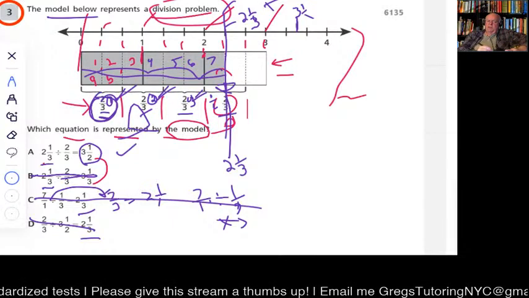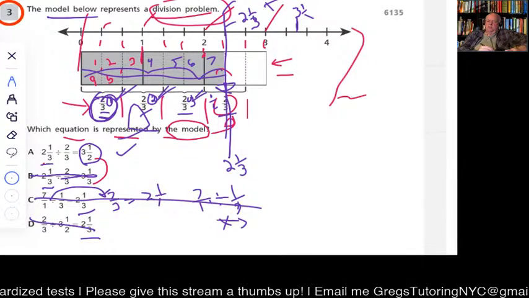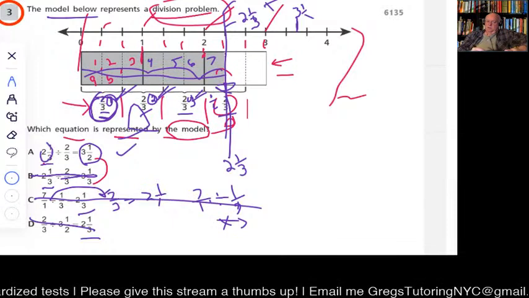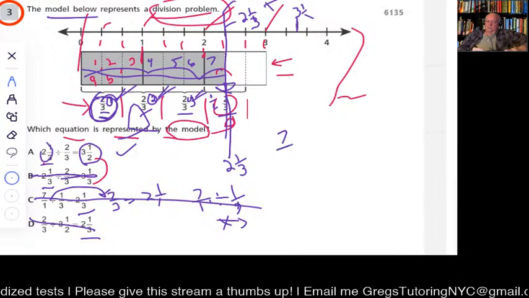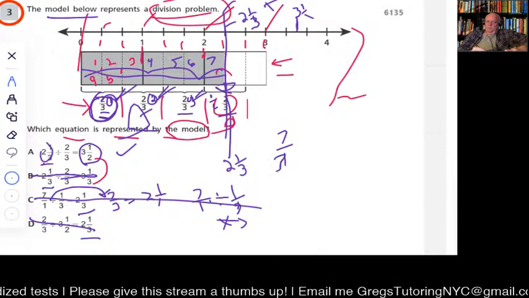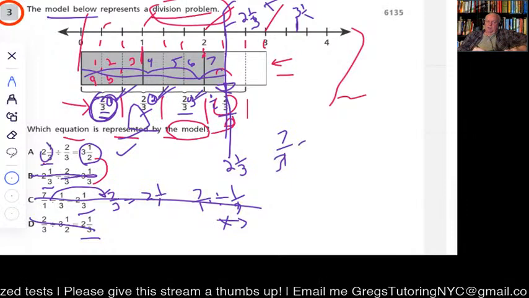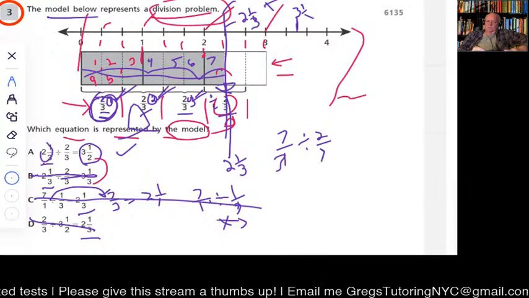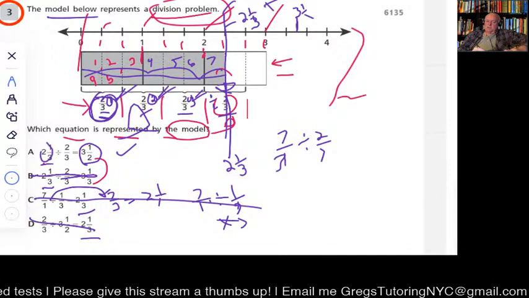So what's being modeled? We took something that was 7/3, because 2 1/3 is 7/3, and we're breaking that into 2/3 pieces. So basically what we get is 7/3 divided by 2/3. Okay, so division by a fraction means multiplication by its reciprocal.